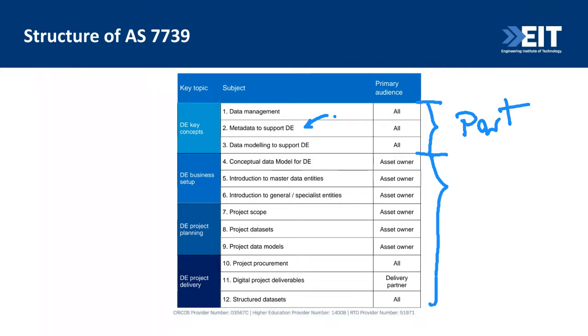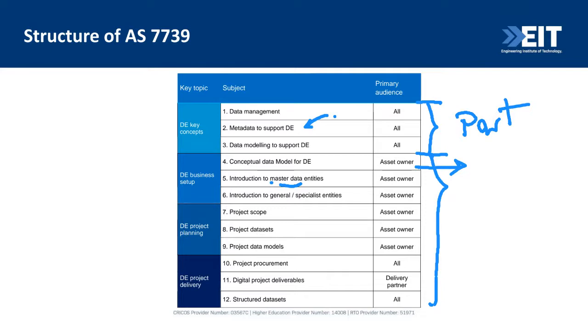So asset owners right now, for example, like RIS, like ARTC, those people that we call locally infrastructure managers, IMs, they need the modeling for the conceptual data, and also they need master data, and also they need general and specialist entities.